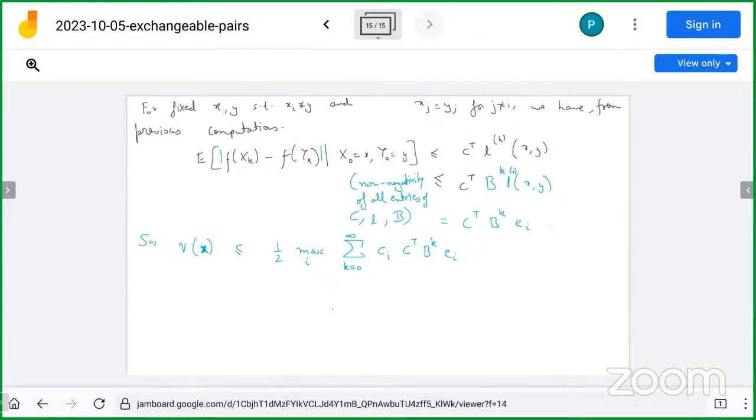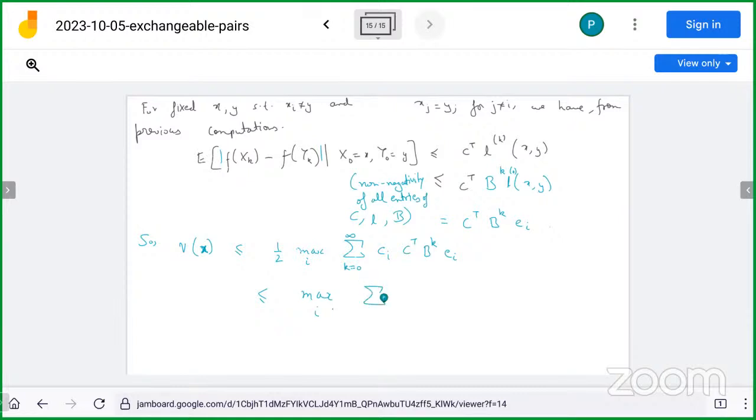Which is less than max over i of C_i times the... I'm just wondering if that's the best way, but let's see. So should I just check this?